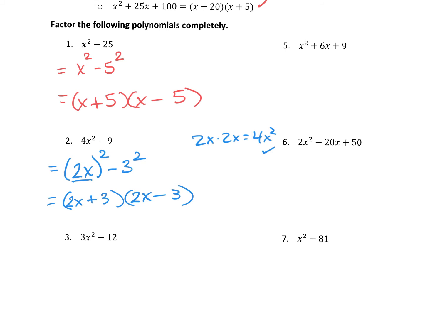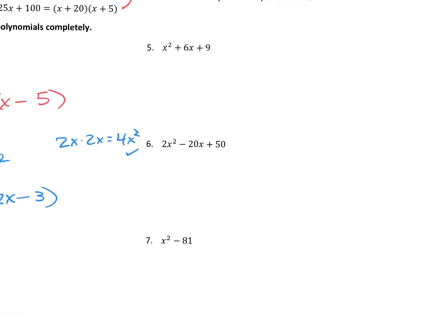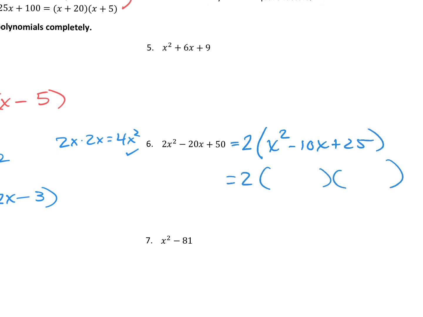Now, another thing to watch out for, come over here to number 6. This one has a common factor. Because every term is even, we can pull the 2 out. 2 times x squared minus 10x plus 25. And now we can go ahead and factor that. We know there's an x in the first term because we have x squared.